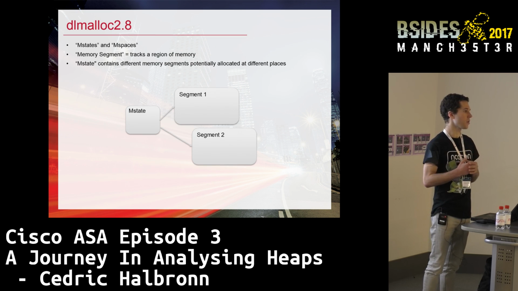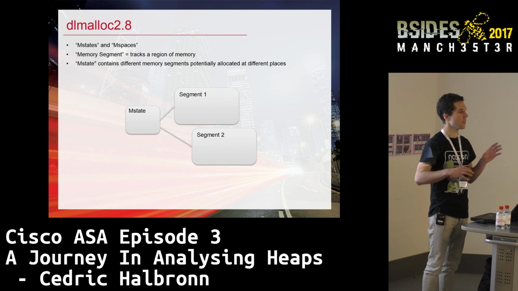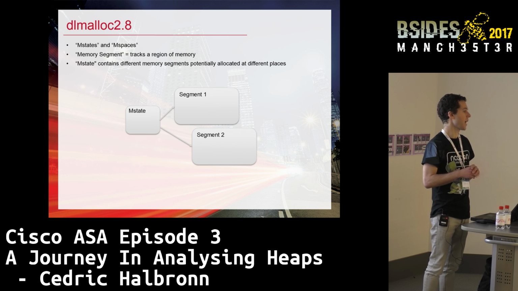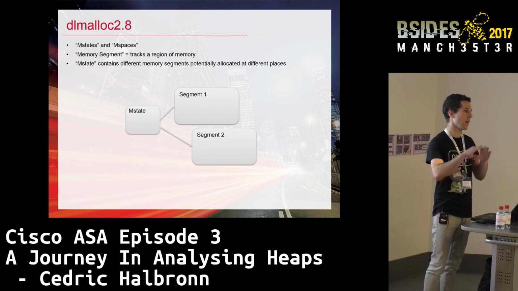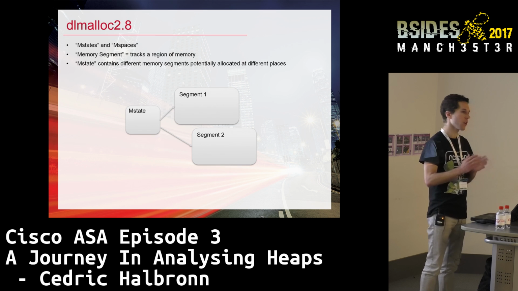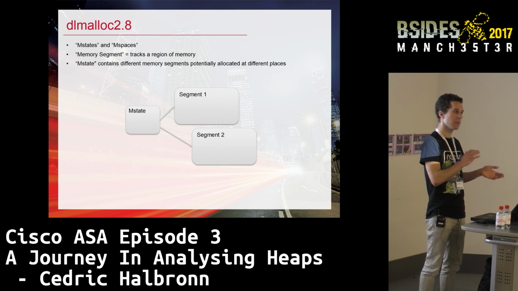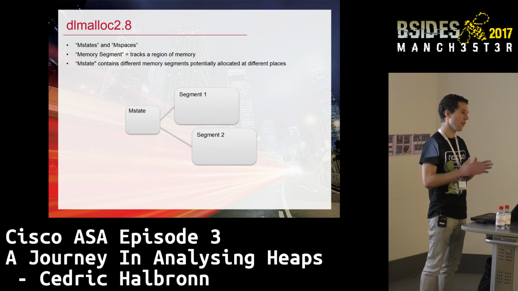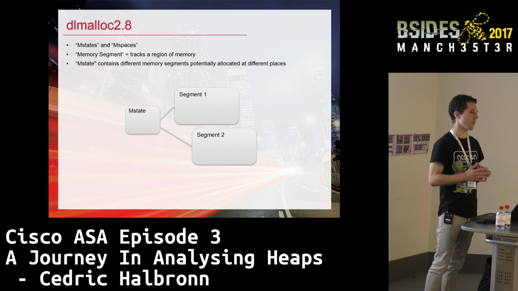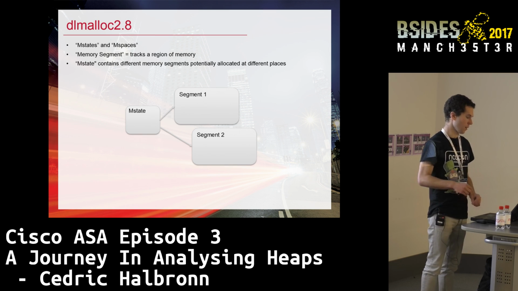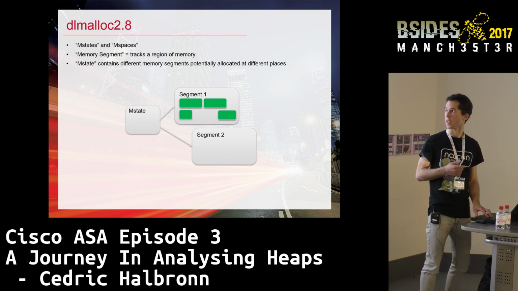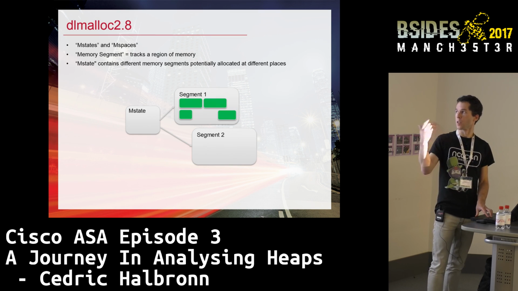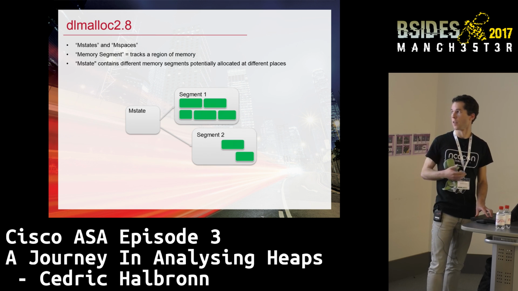It's just a way to say that if we want to have several segments allocated in different places, they are going to be managed by the same mspace. I'm going to use mstate instead of mspace and vice versa. They are very close concepts. When you allocate things, it's going to be allocated in one segment or another.